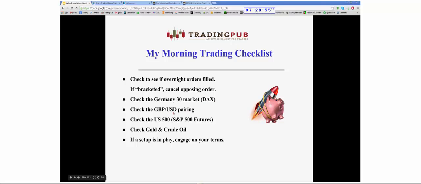I take a look at the pound-dollar U.S. pairing because there's a great strategy around that. In fact, for those of you that have been hanging around all day, Josh Martinez did a great job talking about the London breakout strategy.